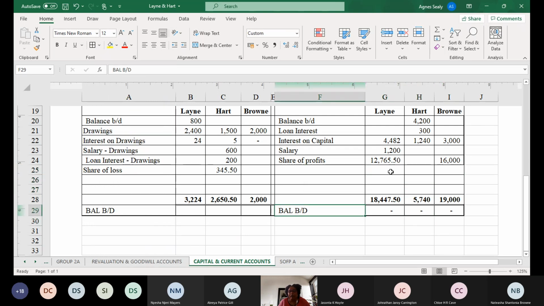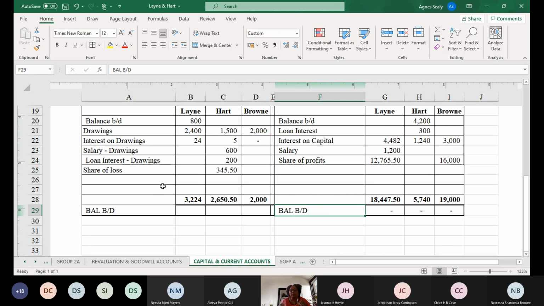So remember that Hart leaves the partnership. So once Hart leaves the partnership, it means that Hart's current account will close off, because if you're no longer in business, you shall not have an account on the books of the business. So Hart will not have a balance on her current account.